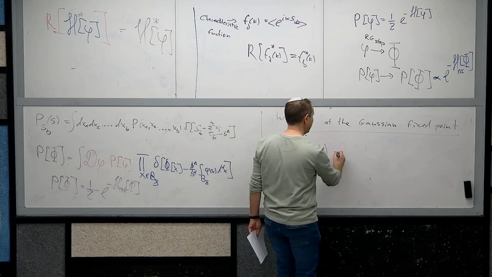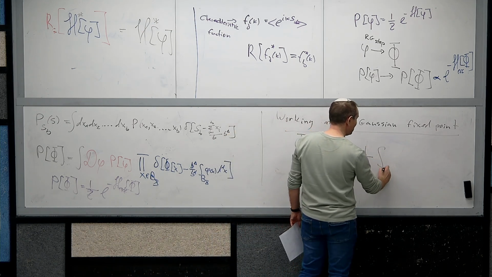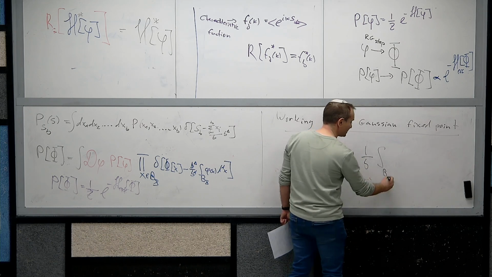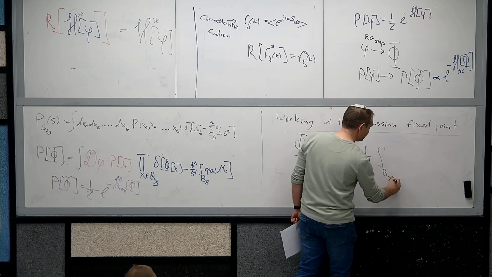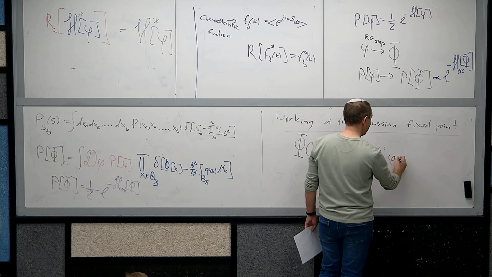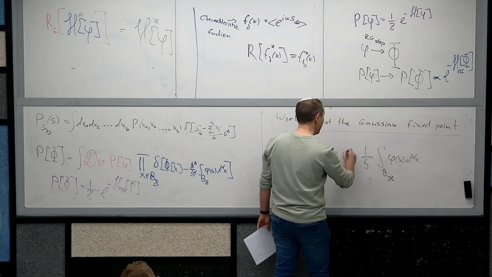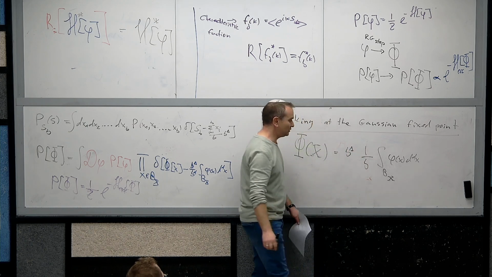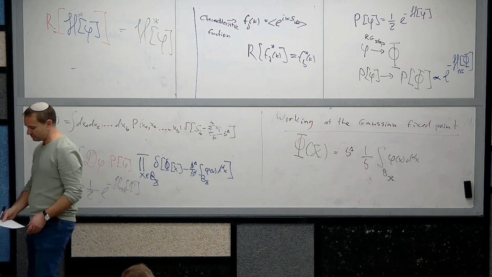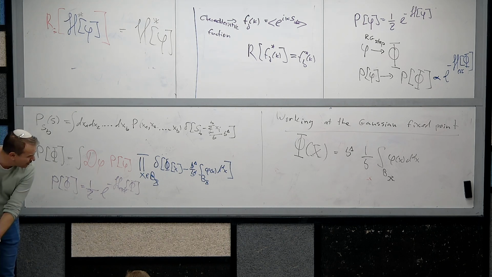It is 1 over b to the d, an integration over some box around the point x, of phi of x dx, and we have to multiply everything by b to some delta. This is what we do.